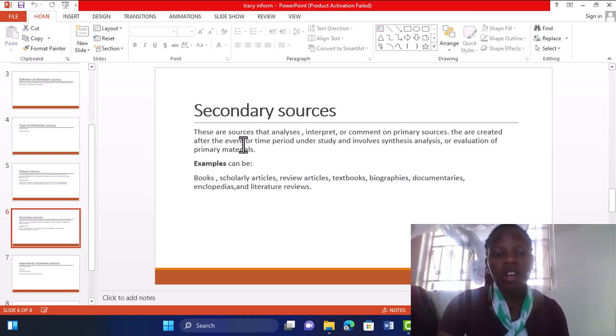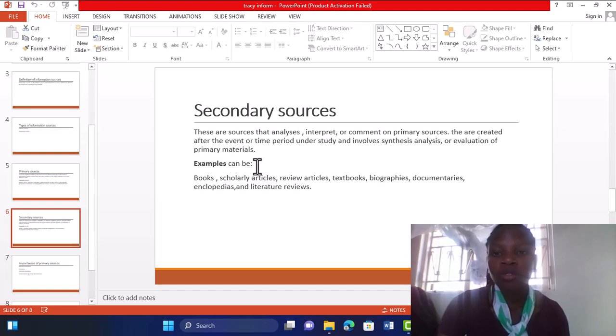Secondary sources are sources that analyze, interpret, or comment on primary sources. They depend on primary sources to give information. They are created after the event or time period under study and involve synthesis, analysis, or evaluation of primary materials. So examples are books.